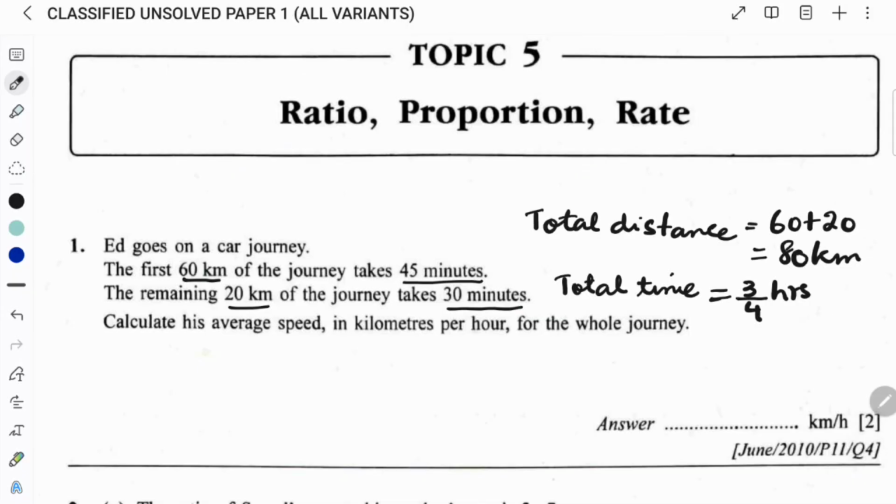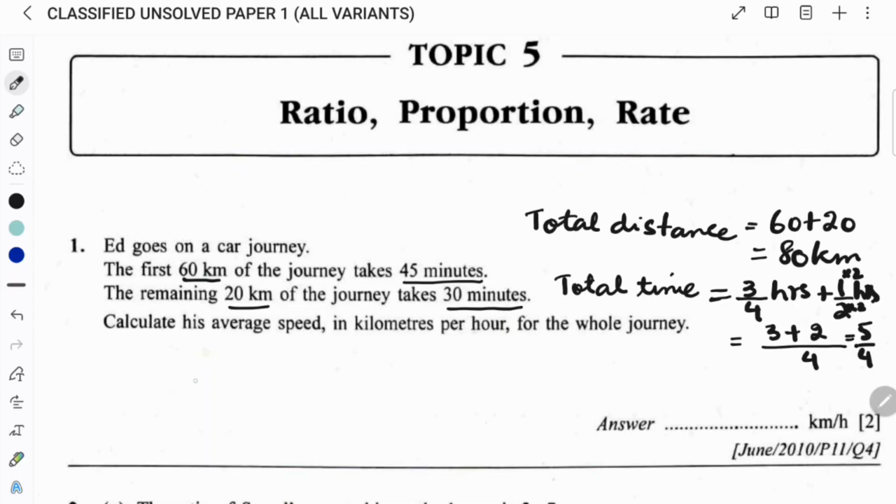Otherwise 30 upon 60 is also half, so 1 upon 2 hours. So the total will become, you take the LCM 4, and 3 plus 2, and 3 plus 2 is 5, 5 upon 4 hours. You multiply the half by 2 to get 3 plus 2 upon 4, because we have to keep the denominator as 4. Okay, 5 upon 4 hours is the total time, and the total distance is 80 kilometers.